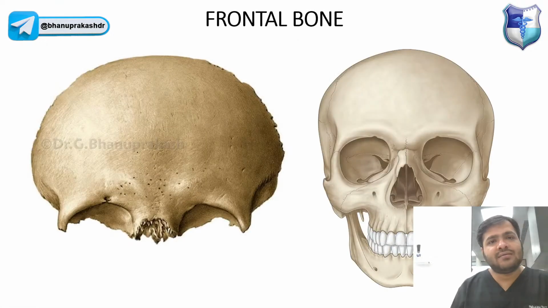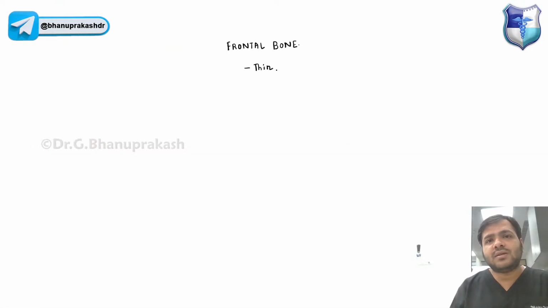You guys already know that the frontal bone is thin, you can very well see from the appearance, guys, it is curved, right? So the frontal bone is a thin, curved, bony plate. You already know it comes under the category of flat bone.